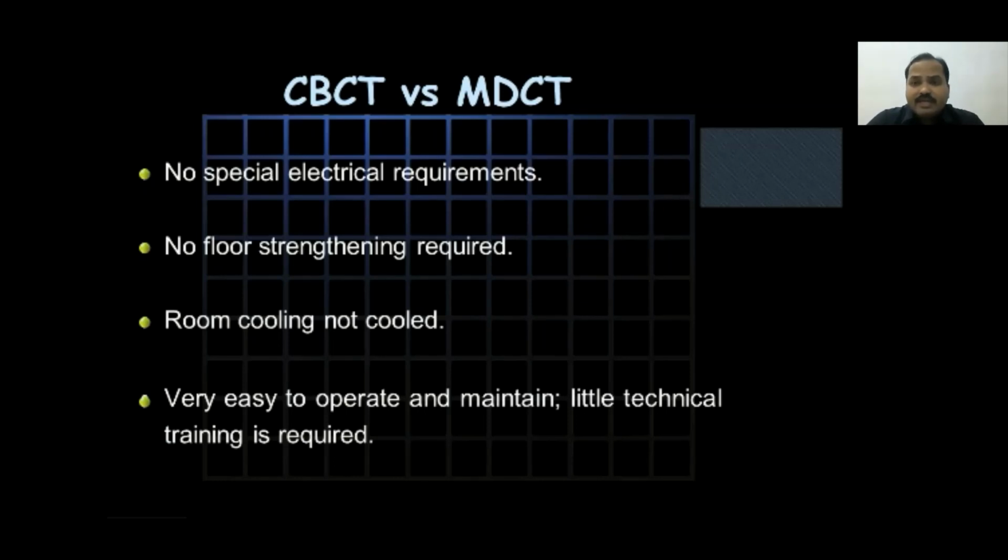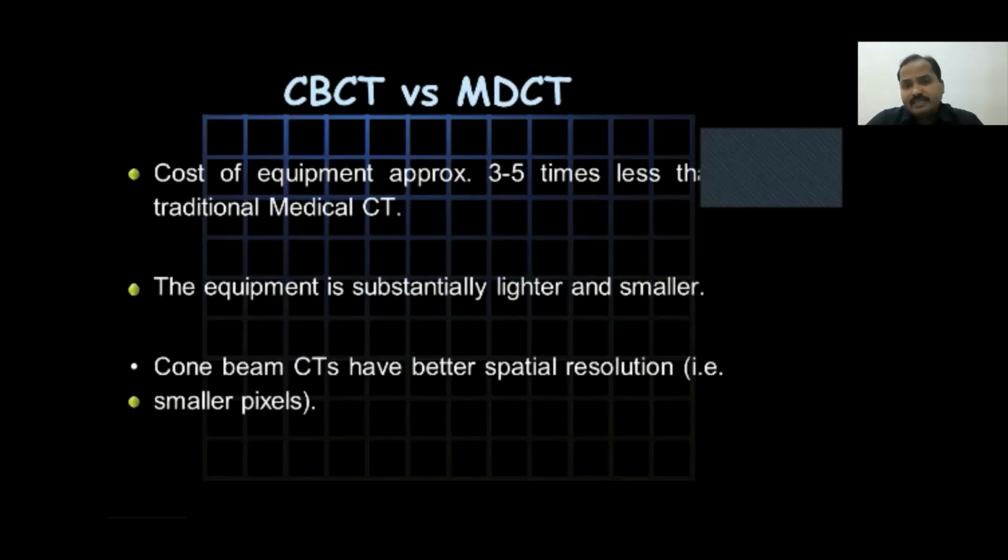Now, CBCT is very easy to operate and maintain with little technical training, but MDCT has much higher operational costs. The cost of the equipment itself will be 3 to 5 times lower than the conventional medical CT machines. The equipment is substantially lighter and smaller.